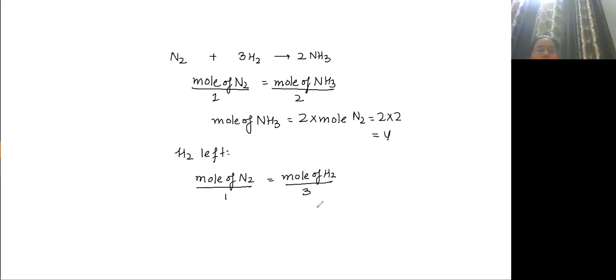So moles of H2 that reacted will be 3 into moles of N2. With 1 mole, 3 moles of H2 react. So with 2 moles, how many moles of H2 should react?